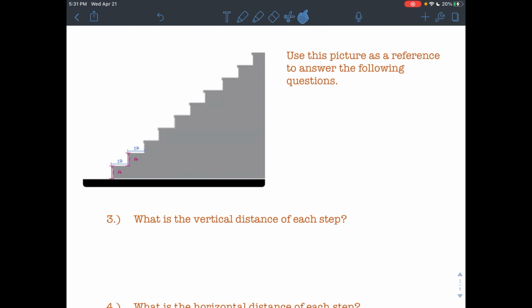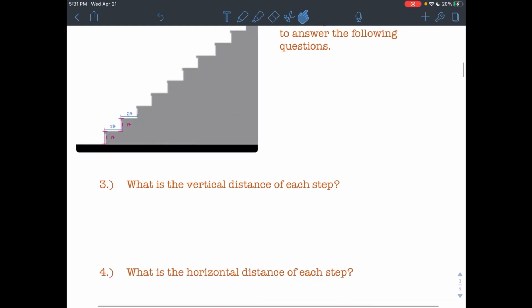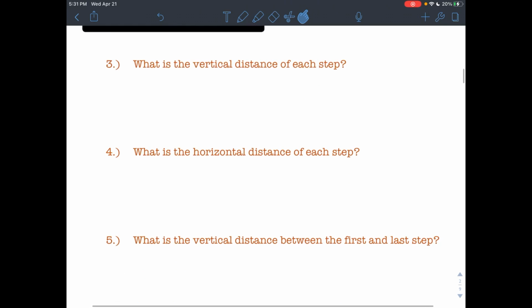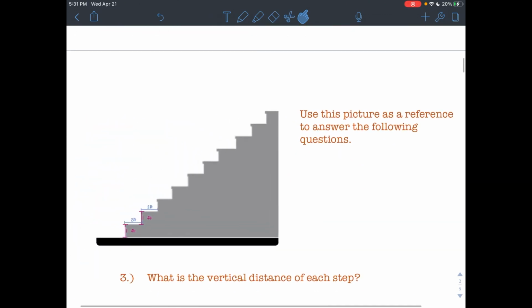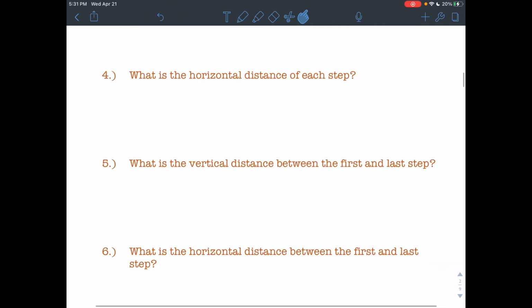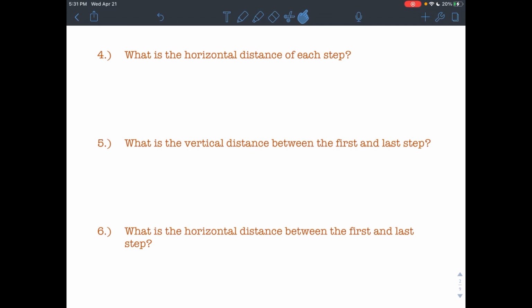What is the vertical distance of each step? And what is the horizontal distance of each step? Then I want to know, what is the vertical distance between the very first step and the very last step? So what would the total vertical distance be of the stairs? And what is the horizontal distance between the first and last step?